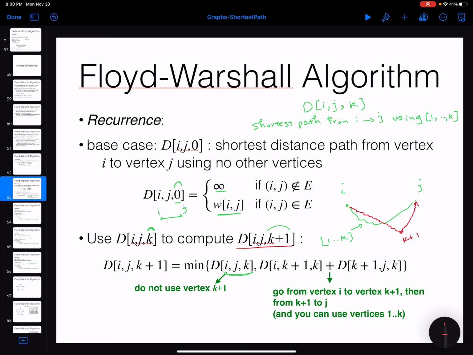How? In this path, you can only use the nodes between 1 and k, and in this path, again, you can only use the nodes between 1 and k.